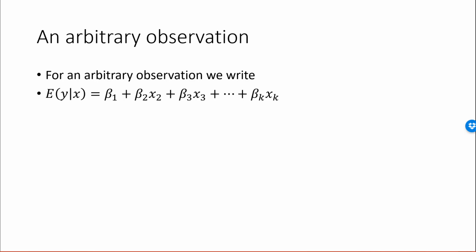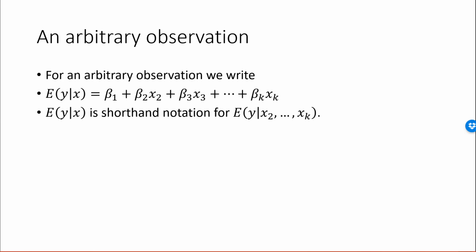So the expected result on the final given specific values for SAT scores and GPA is this linear function of the scores and GPA. Again, in this case, conditionally on X is shorthand notation simply for conditioning on all the explanatory variables. This makes it easier to write.